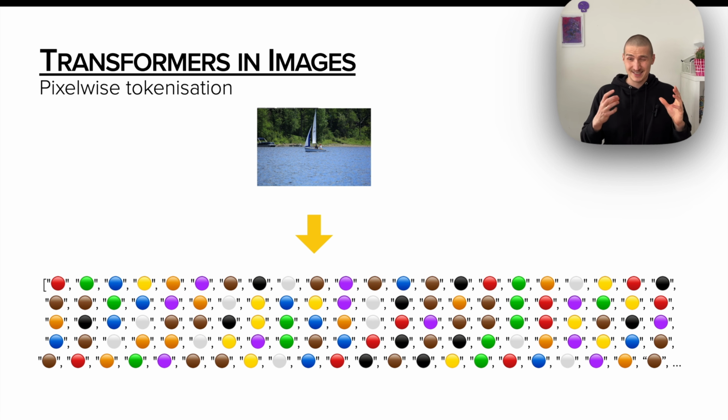And here we'll have the same problem we had with tokenizing texts by letters. First of all, each particular pixel having a certain color does not really represent a lot of meaning. Meaning only arises when you combine a lot of pixels together. So that's the first problem.